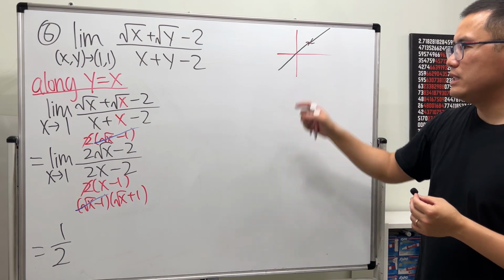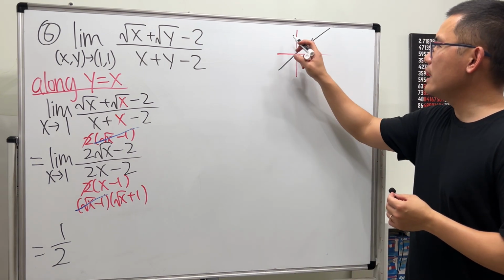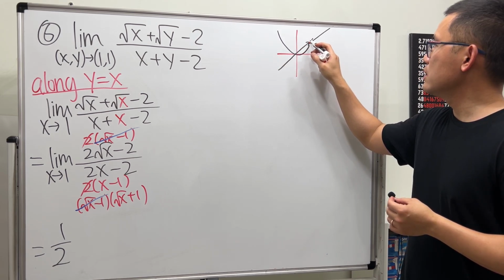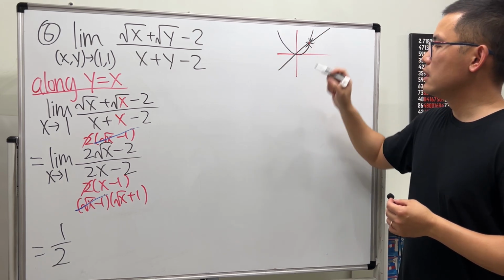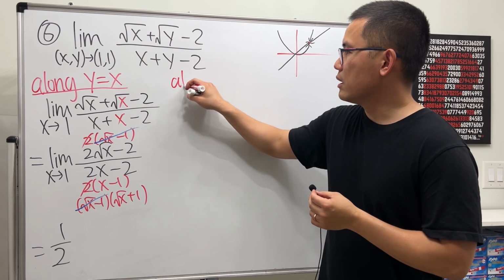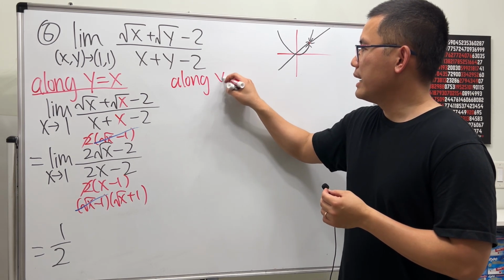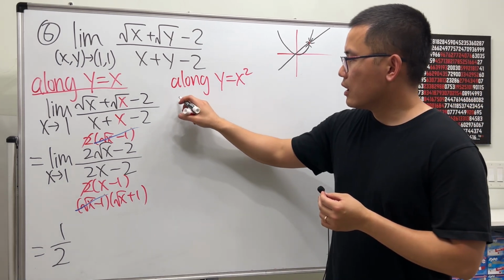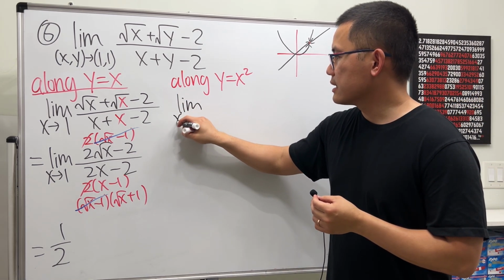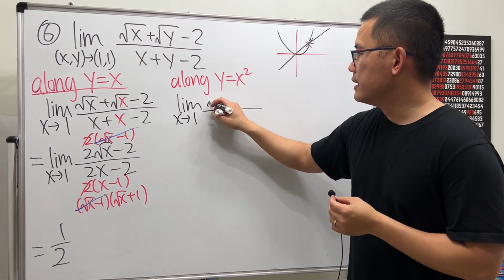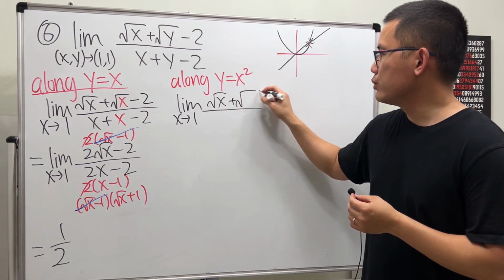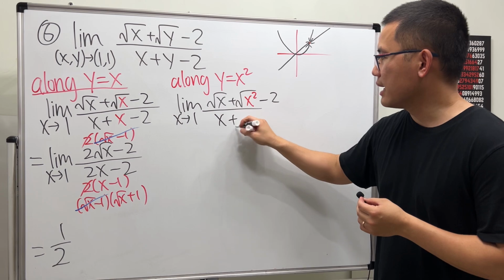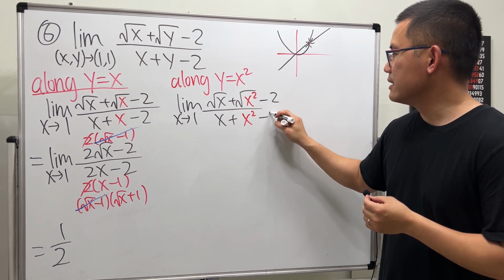We have tried y is equal to x. Maybe you can try the parabola that we used earlier. So along y is equal to x squared, in this case we will get the limit as x approaching 1 of square root of x plus square root of x squared minus 2 over x plus x squared minus 2.